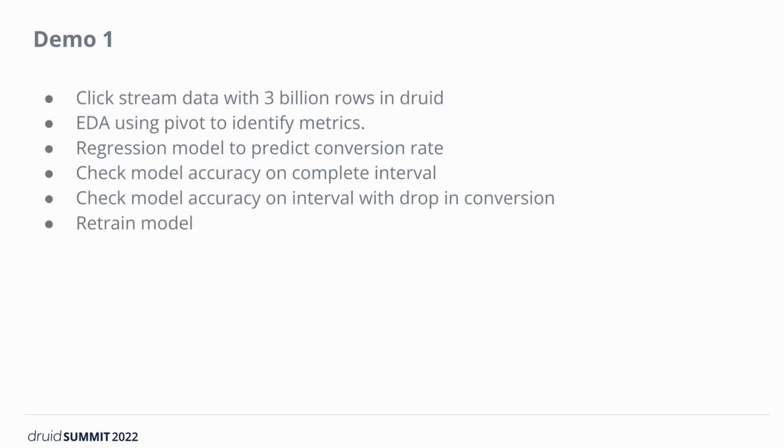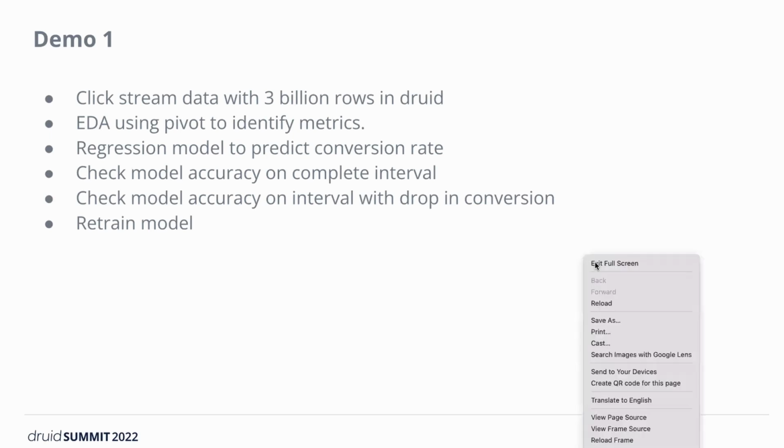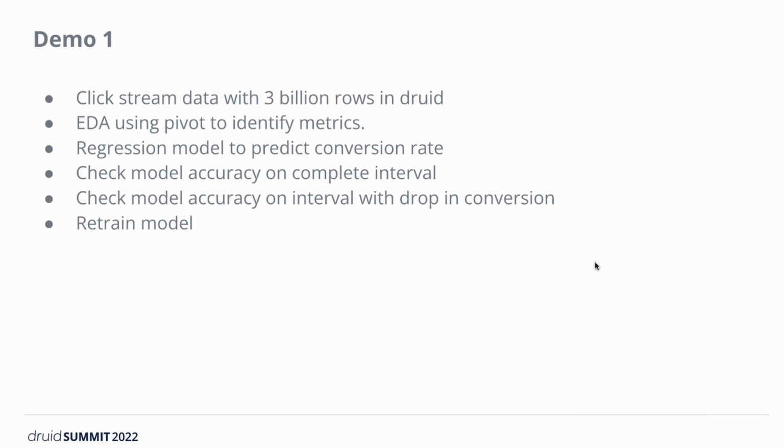This is just for comparison of how this can also be done in Imply Pivot. Then I will show you how a regression model to predict conversion rates can be trained, check the model accuracy on the complete interval, and check also the model accuracy on an interval with a drop in conversion, and then retrain the model. So let's jump to the demo real quick here.